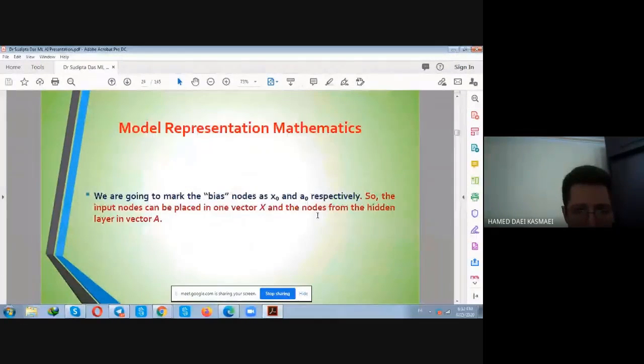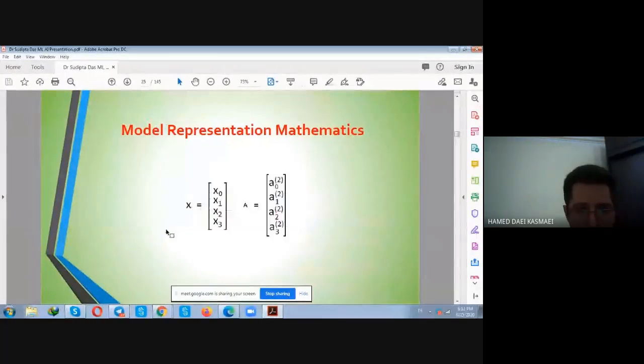Then we are going to mark the bias nodes as X0 and A0 respectively. The input nodes can be placed in one vector X and the nodes from the hidden layer in vector A. You will see here X is equal to the vector X0, X1, X2, X3, and A is equal to A0, A1, A2, A3.